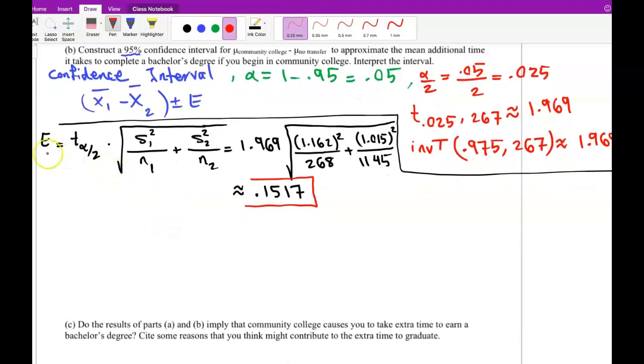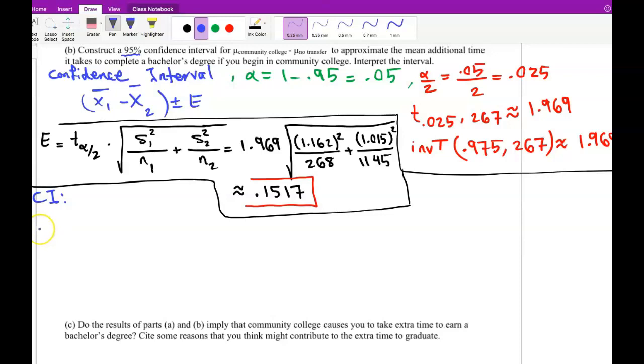Okay, now finding based on what we got here, now finding confidence interval. So confidence interval, we have upper bound, lower bound.